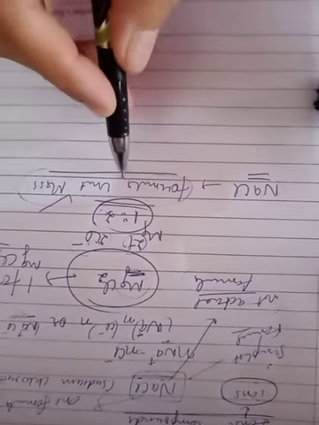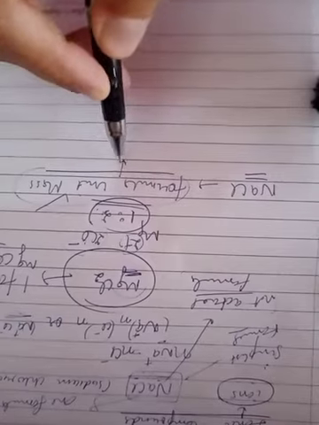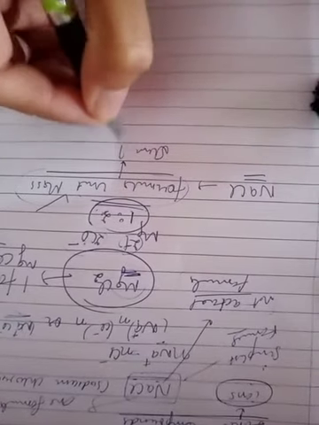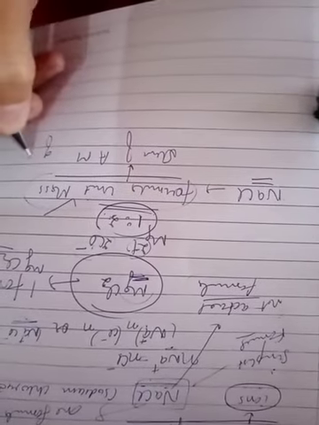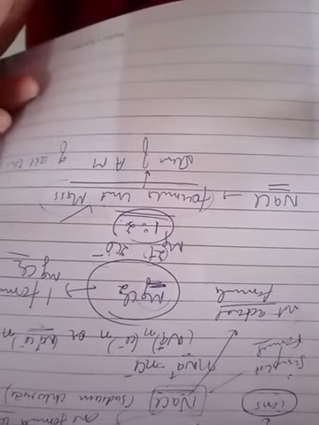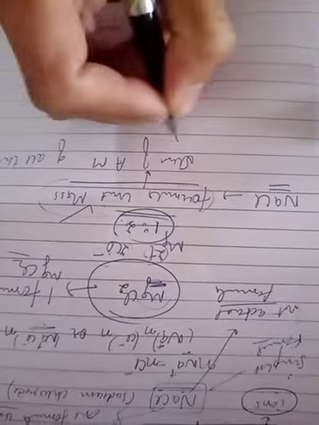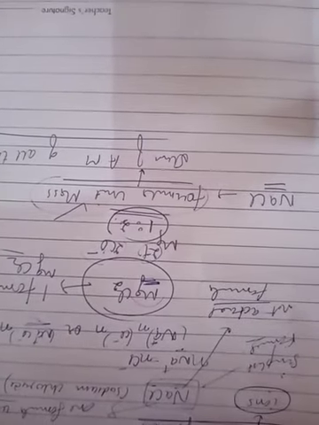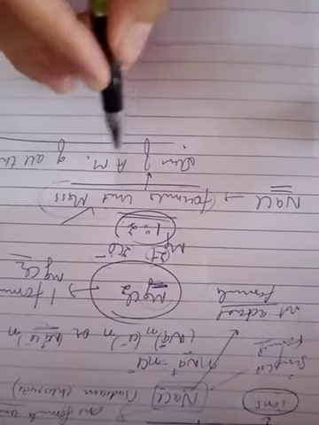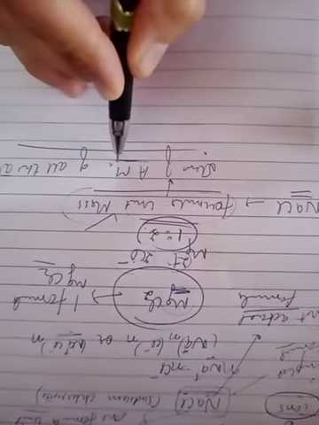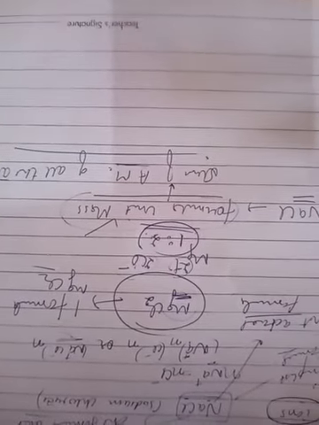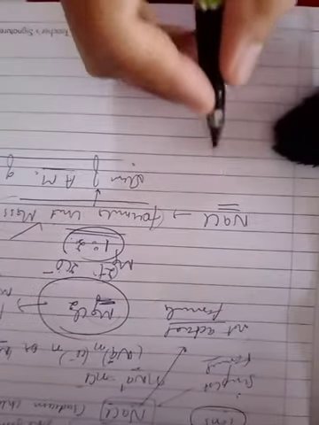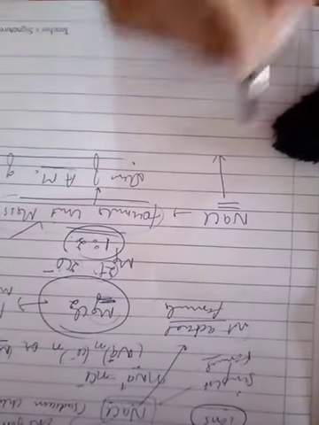Therefore, the formula unit mass is defined as the sum of atomic masses of all the atoms present in one formula unit of a given ionic compound. Suppose we are considering here NaCl.